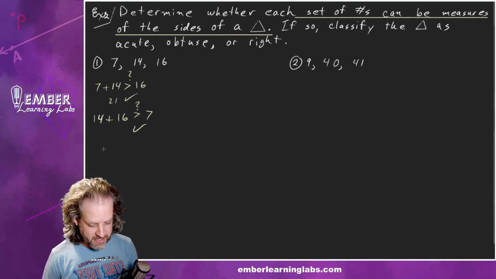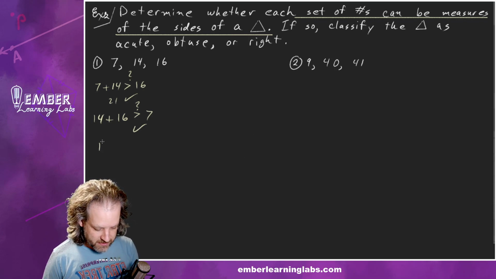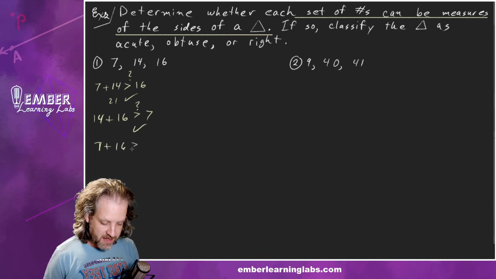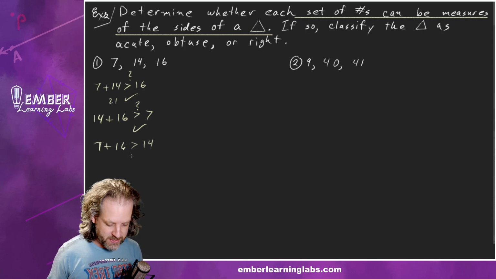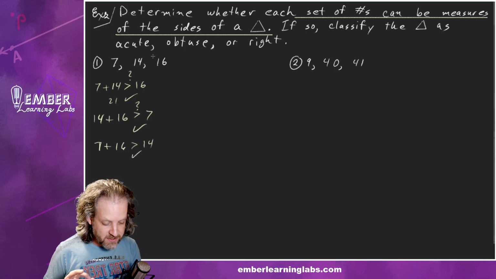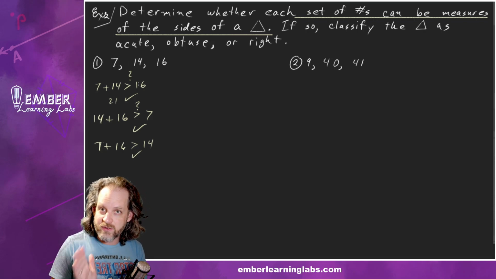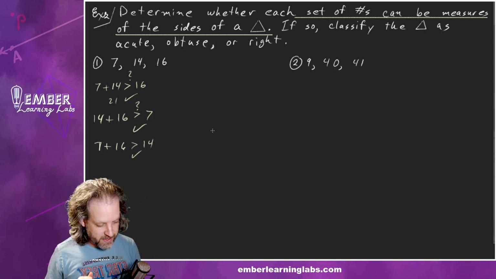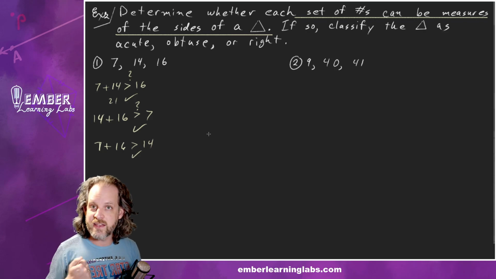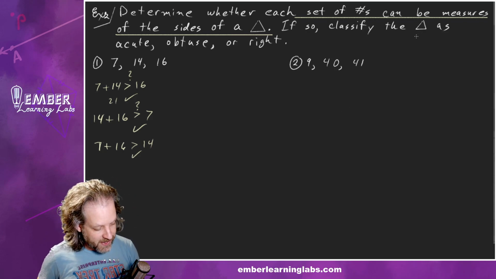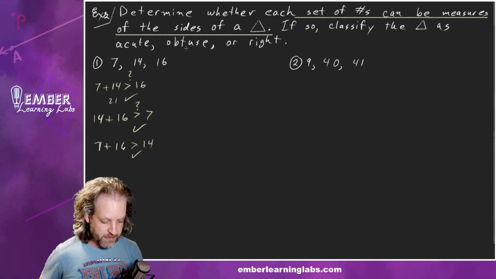And then the last one, 7 plus 16, for similar reasons, is definitely greater than 14 because 16 is already greater than 14. So they are the sides of a triangle, right? That's legitimate. So it can be measures of the sides of a triangle. Now we're going to classify the triangle as acute, obtuse, or right.